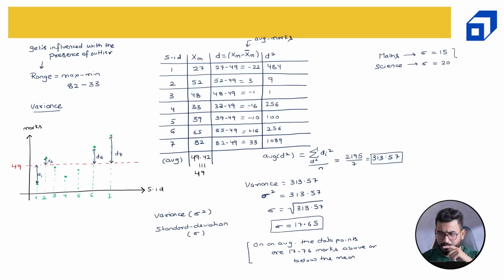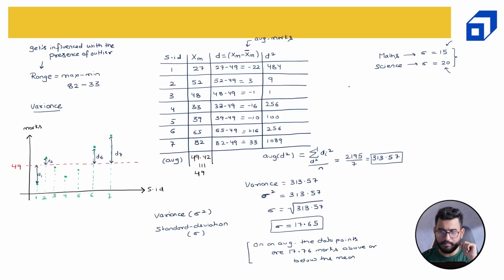Now, can I compare these two standard deviations? Can I say this is high and this is low? Well, we cannot do that. Using standard deviation, we cannot compare the variations among the series.